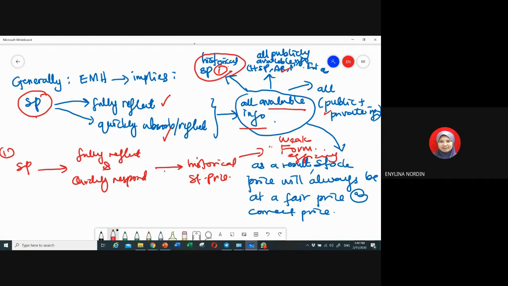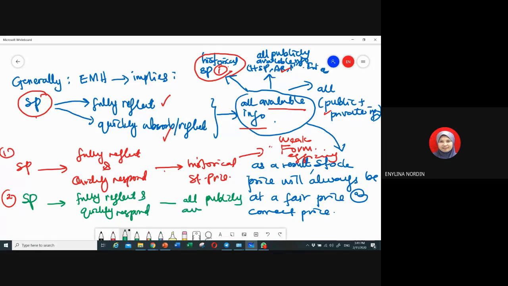Okay. What happens if the stock's price fully reflects and quickly responds to the available information, but this time the available information is the second type of information, which is all publicly available information?